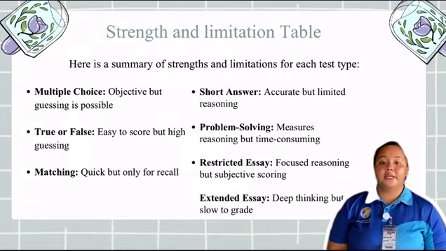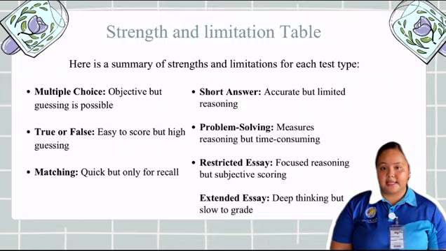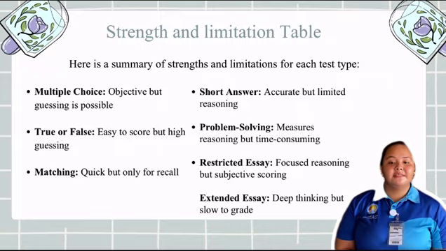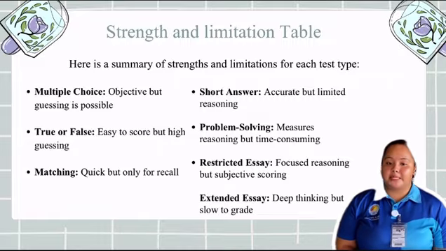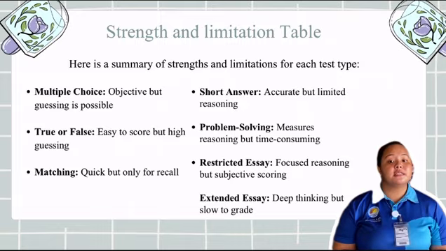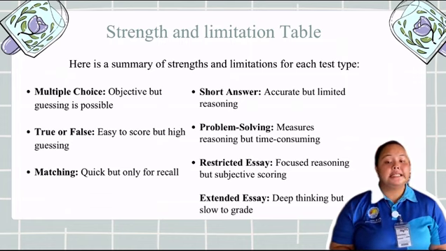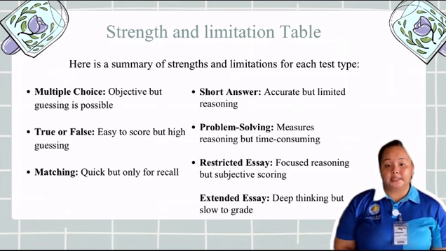Here is a summary of strengths and limitations for each type of test. For multiple choice, objective but guessing is possible. For true or false, easy to score but high guessing. For matching type, it is quick but only for recall.